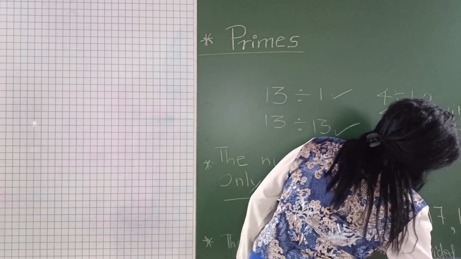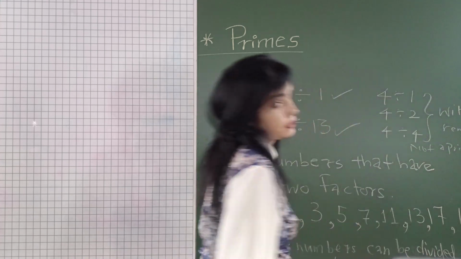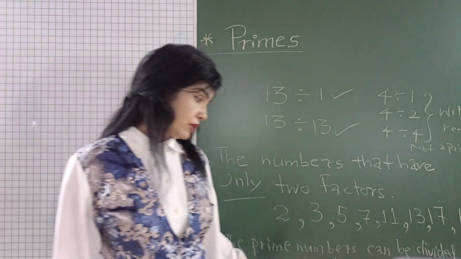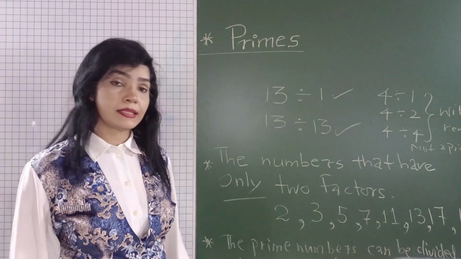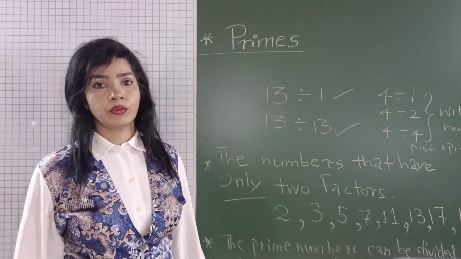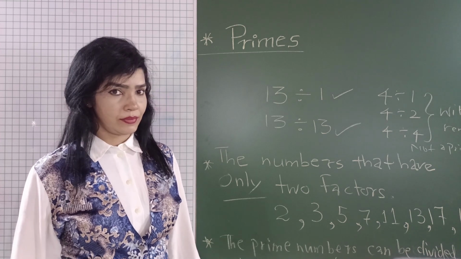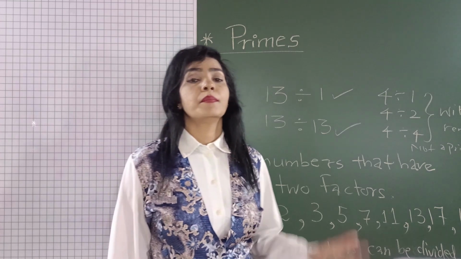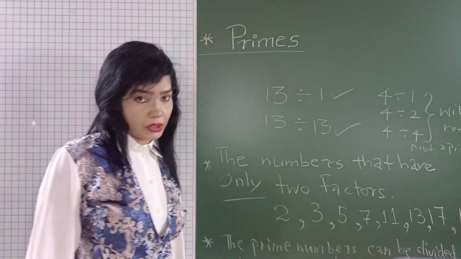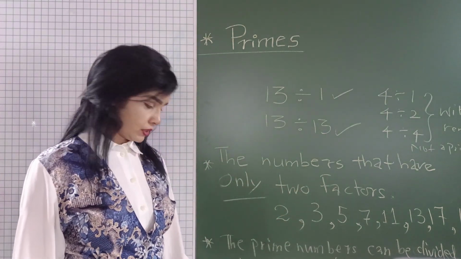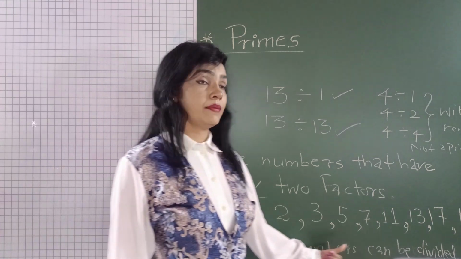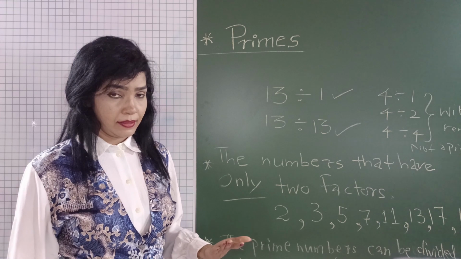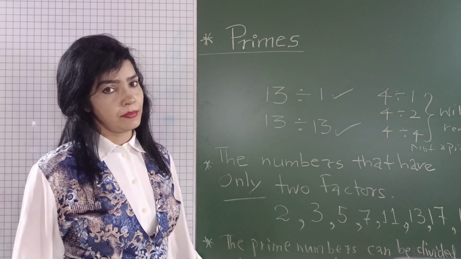If we take remainders or if we take decimals, any number can be a factor, right? We can't take decimal figures. Like let's say 13 divided by 2 is 6.5. So it can be divided. It's not that we cannot divide. But without remainders is the most important thing. The prime numbers can be divided by 1 and itself, only by 1 and itself, without any remainders.